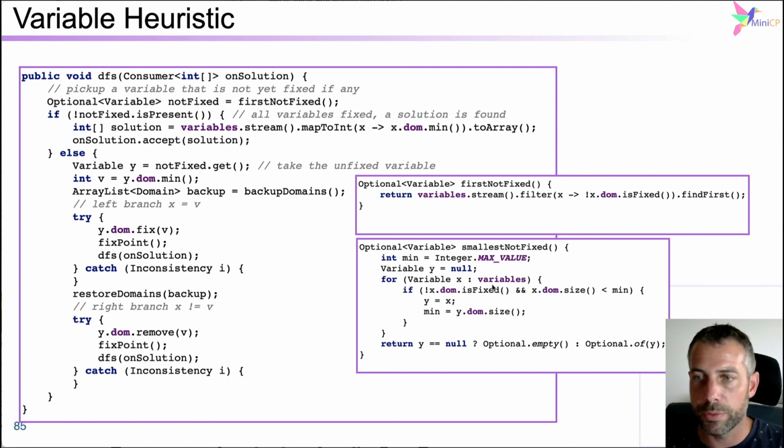So you will iterate over each of them. If you realize that the domain size is less than the smallest domain size that you have seen so far, then you replace this one as the next candidate to branch on. And at the end, you return either the fact that there is no unfixed variable, or, if there is at least one unfixed variable, you return the optional that will capture the one that you have selected.